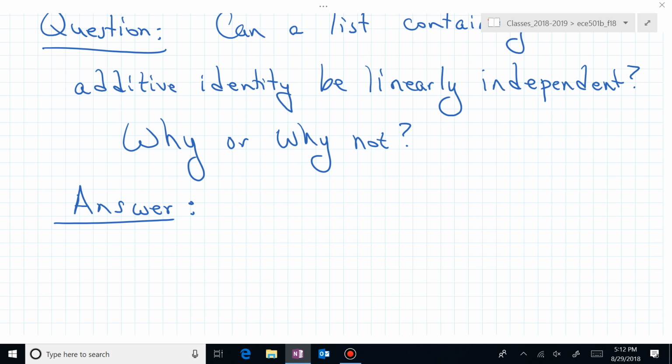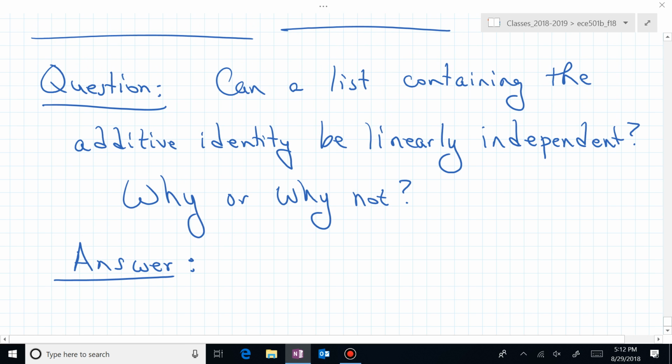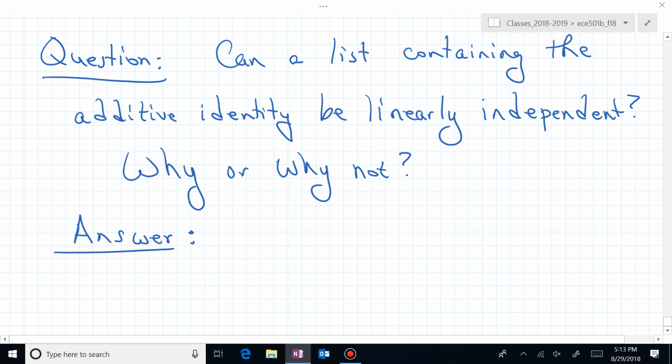At the count of 3, can a list containing the additive identity be linearly independent? 1, 2, 3. If you don't know, you can have a horizontal thumb. I'm seeing some ups and some downs, so we're not quite clear on this, are we?